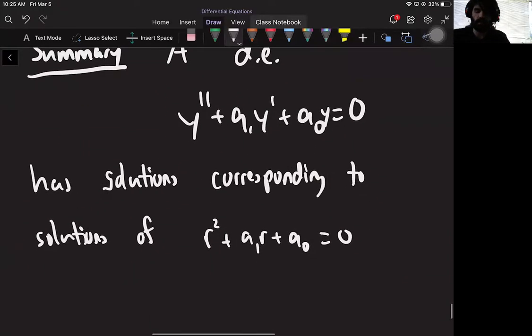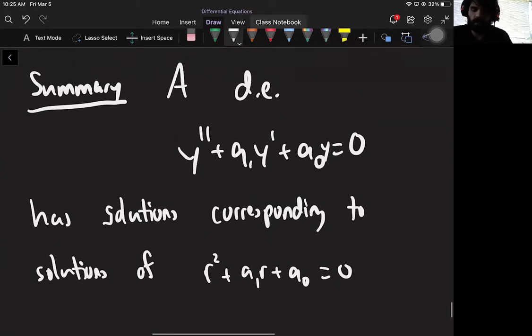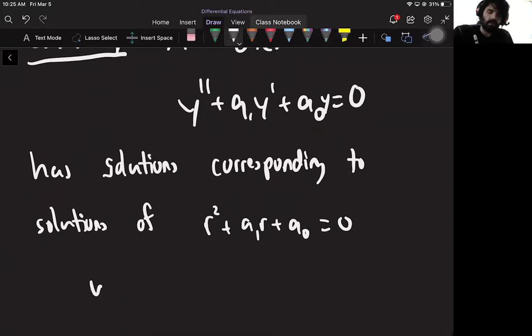So if you solve this with algebra, then you automatically solve the differential equation. That's basically why algebra is so nice, because it's much easier. If you can turn your problems into algebra problems, then you can do them. That's the point of this technique: turning our situation into an algebra situation that we know how to better deal with.